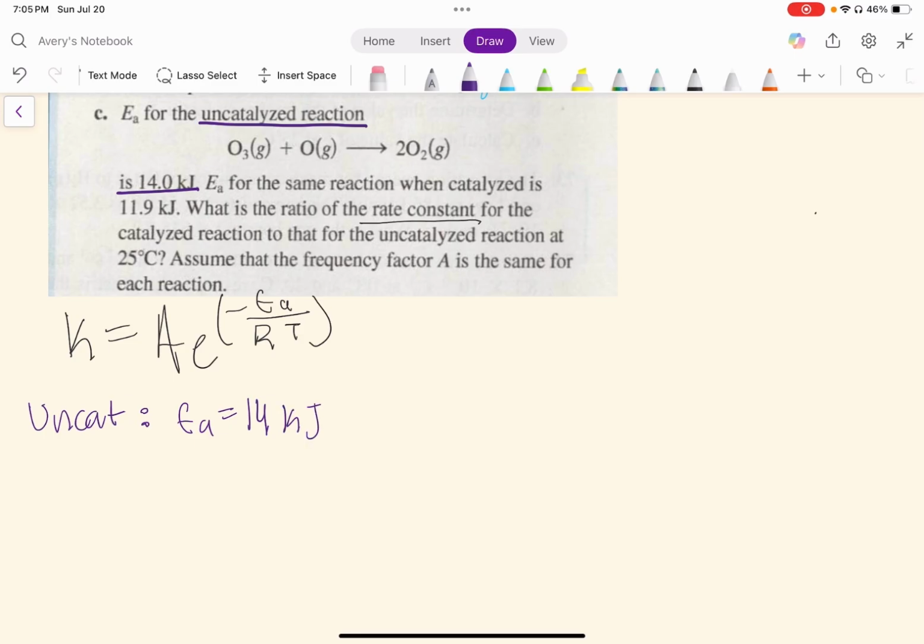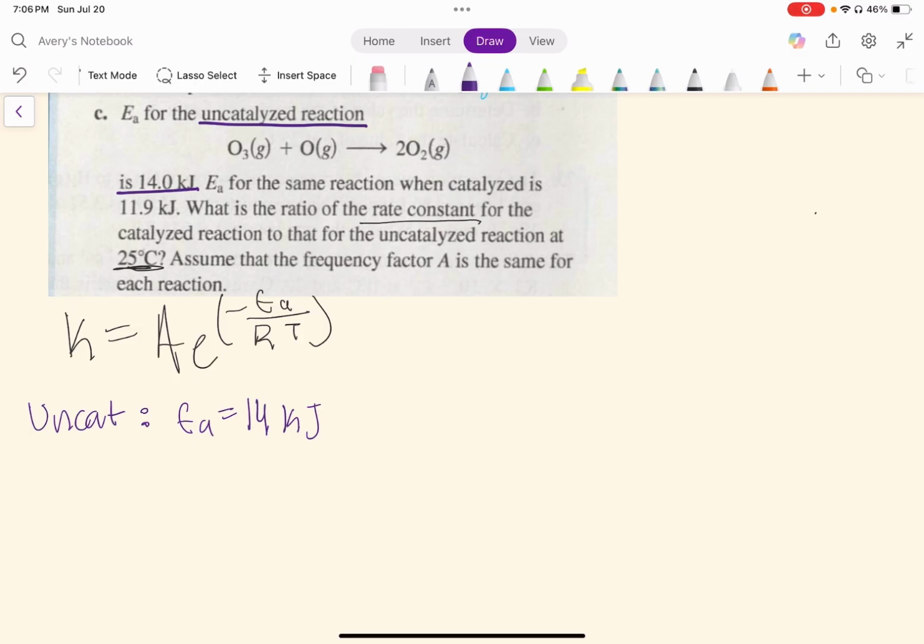The temperature is the same for both of them, and the frequency factor is the same. I will explain what that does later when we go through more of the equation.